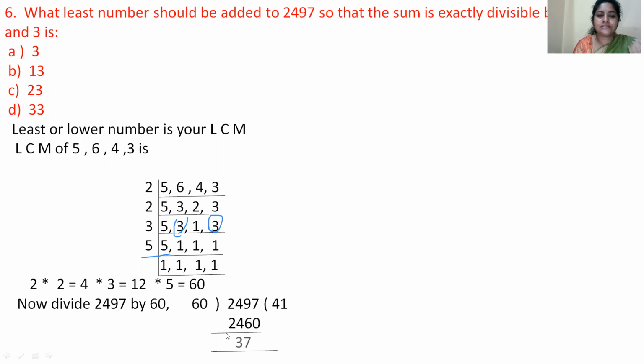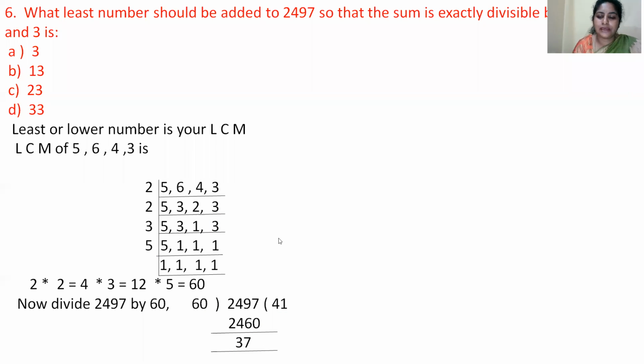When we divide it, we get the remainder as 37. 60 into 41 gives 2460, and we get the remainder as 37.